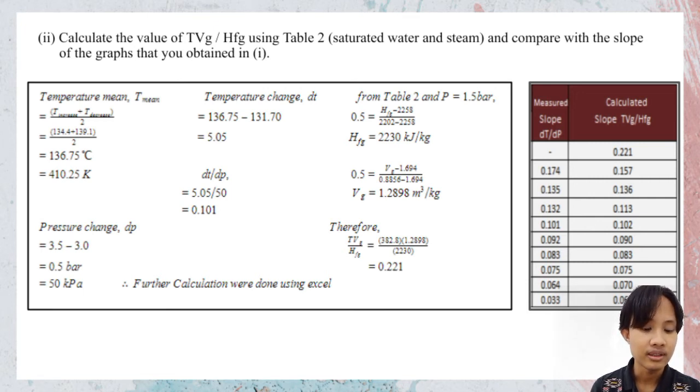Therefore, we use the dVg over Hfg formula, and we obtain 0.221. So this table shows the comparison, where the majority of the values obtained have no big difference from the values obtained by referring to the saturated water and steam table. And the further calculations were done using Excel.